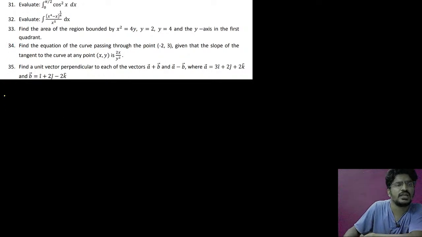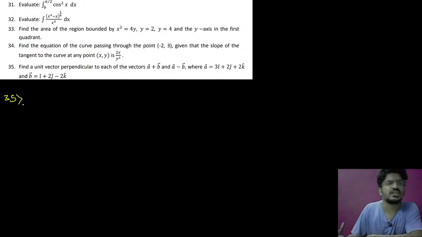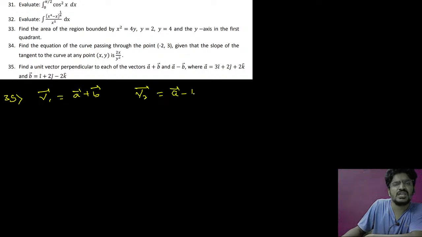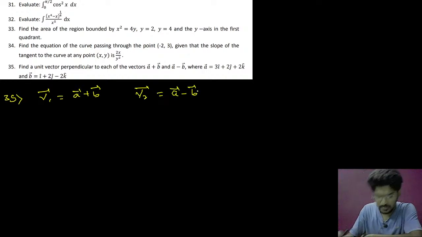That is also repeated: unit vector perpendicular to 2 vectors. Take v1 as vector a plus vector b, vector v2 as vector a minus vector b. Already we have solved this in the previous question paper also, no problem, you can understand it.